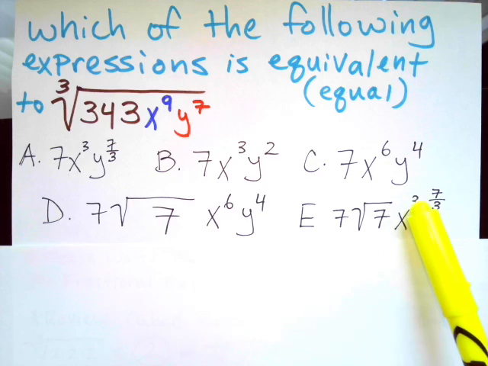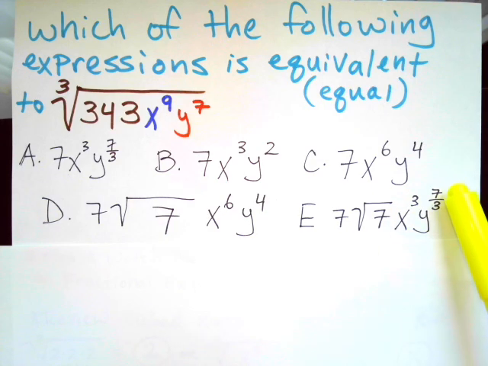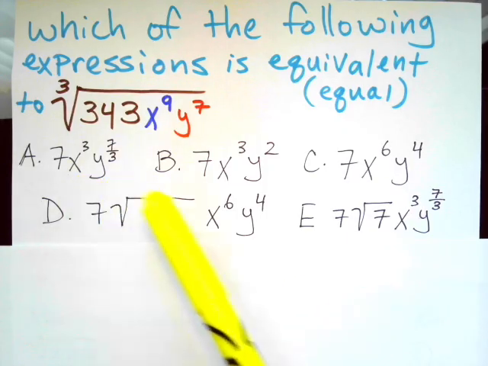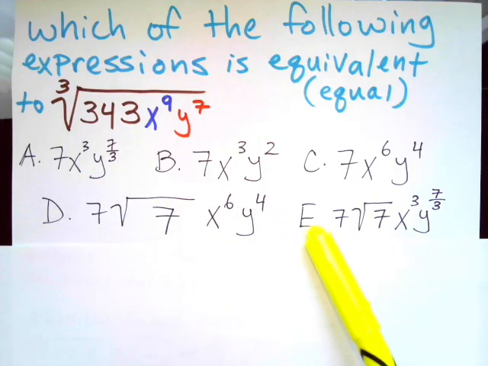And then E, we have x to the third power, y is to the 7/3 exponential power. So keep an eye on these. The only difference between the two is E has that square root of 7.